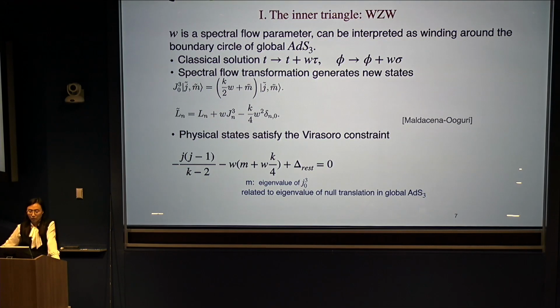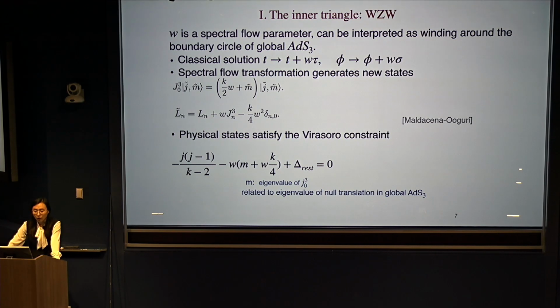More concretely, the algebra will have a spectral flow, and the states will have a shift in the eigenvalue of the zero mode of J3, where J3 is the translational generator of the global AdS time translation.